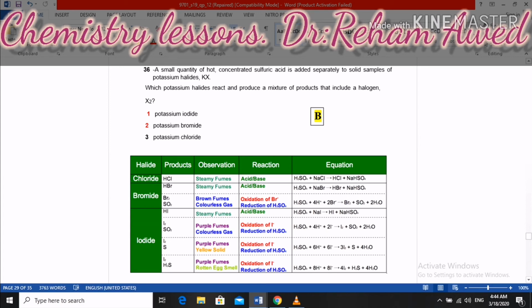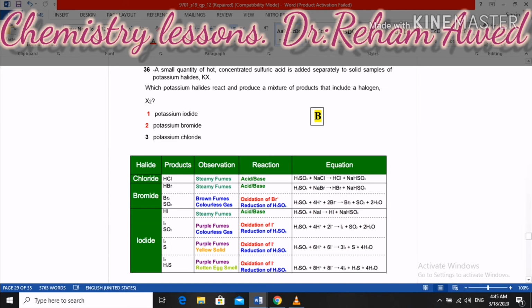We can write four equations. H2SO4 plus NaI will form HI plus NaHSO4. Sulfuric acid plus hydrogen iodide will form iodine, purple fumes, and sulfur dioxide and water. And with excess, we will have iodine plus sulfur, and then we have hydrogen sulfide. So we can say in the reaction, at first we will have the hydrogen halide.